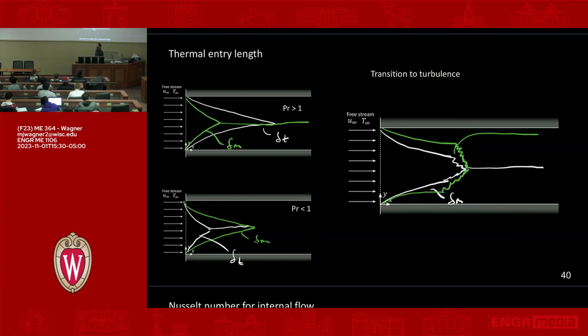The viscous sublayer is not going to change after that transition region, and then you're sort of left with the results of that process. Okay, questions there? Yeah. So for this last situation, would that mean that X fully developed for H is equal to X fully developed for T?